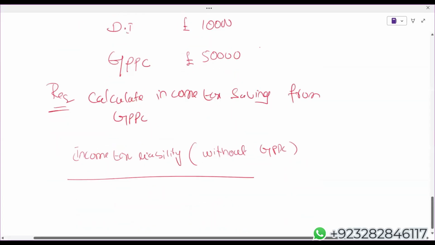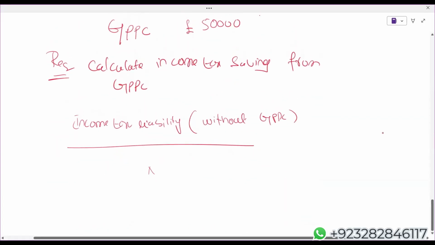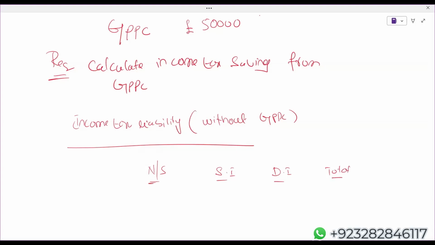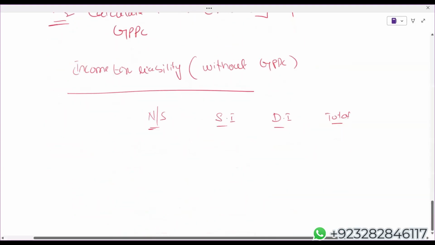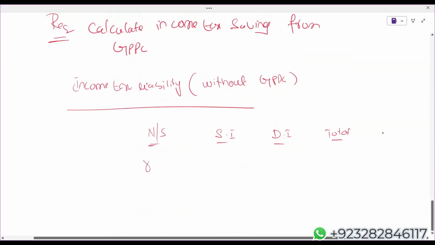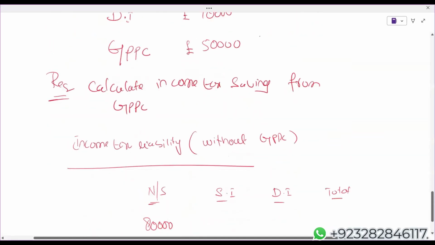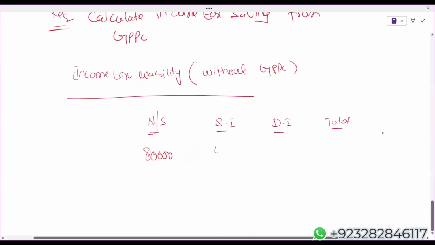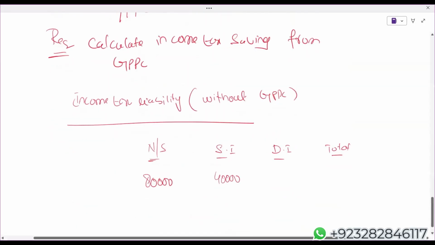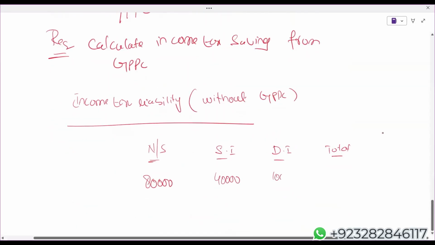So simply we have got employment income, which is a non-saving income, saving, dividend and total. Employment income is 80,000. Saving income is 40. Dividend income is 10,000.